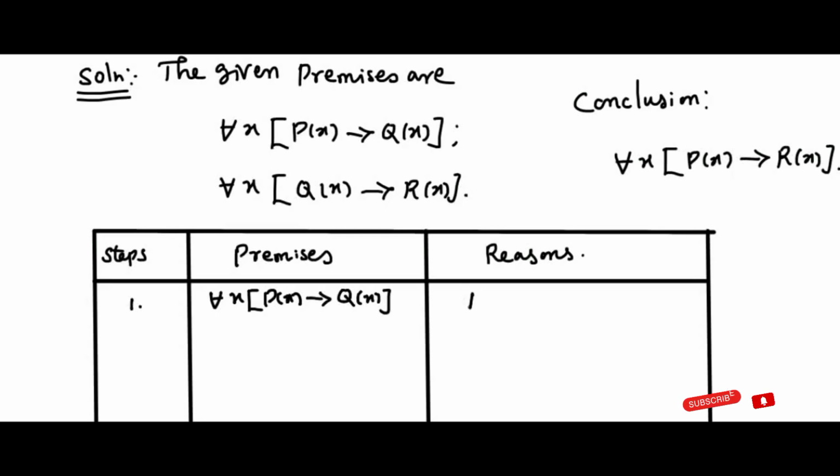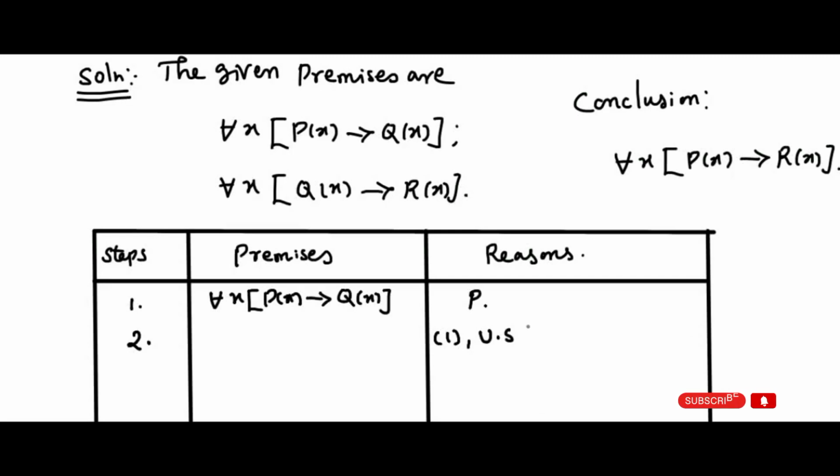P means premise. Why do we consider the first premise? You can consider any premise at any point of the derivation. So using the first premise with universal specification law, I am going to write the second step. What is the reason? I am going to use step number 1 with universal specification law.